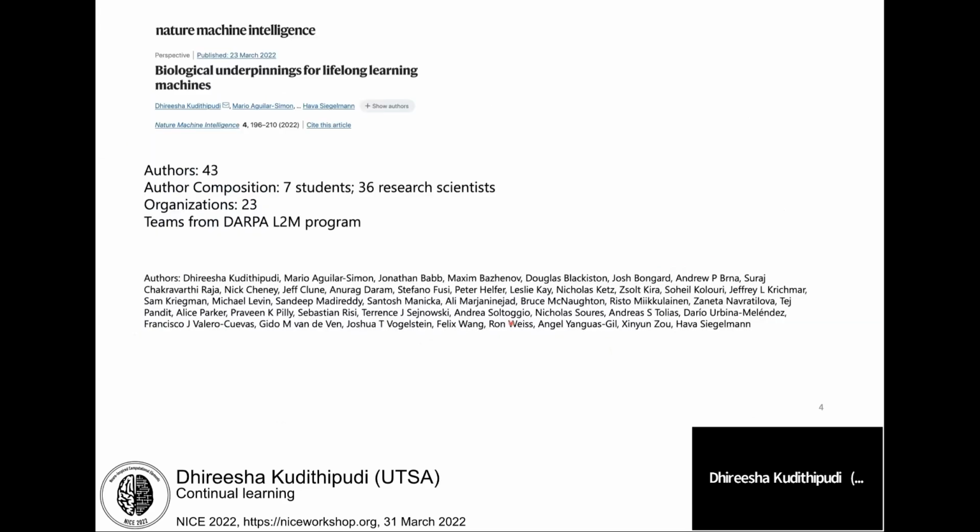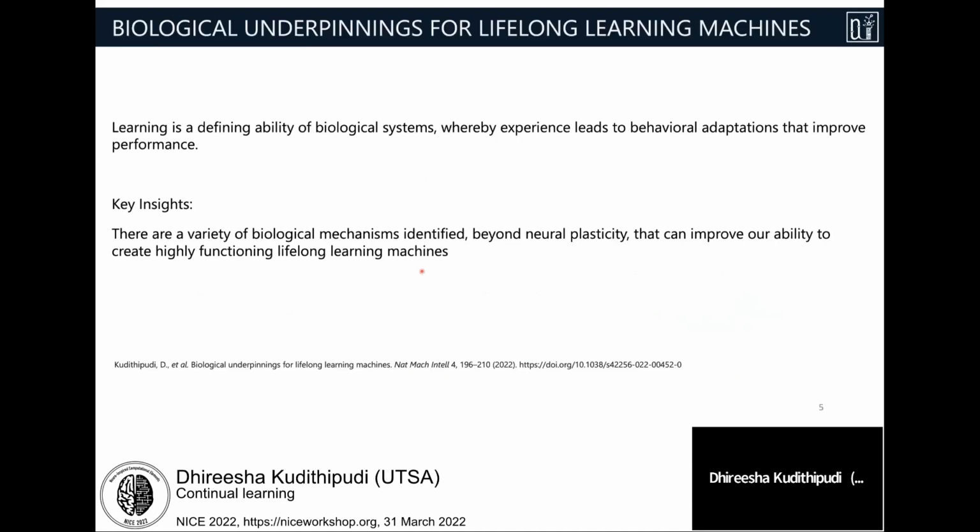Recently, a large group of us published a perspective article on how biology can inspire in designing these lifelong learning machines, where several of us were part of this DARPA Lifelong Learning Machines program. In this we define lifelong learning and its key features.